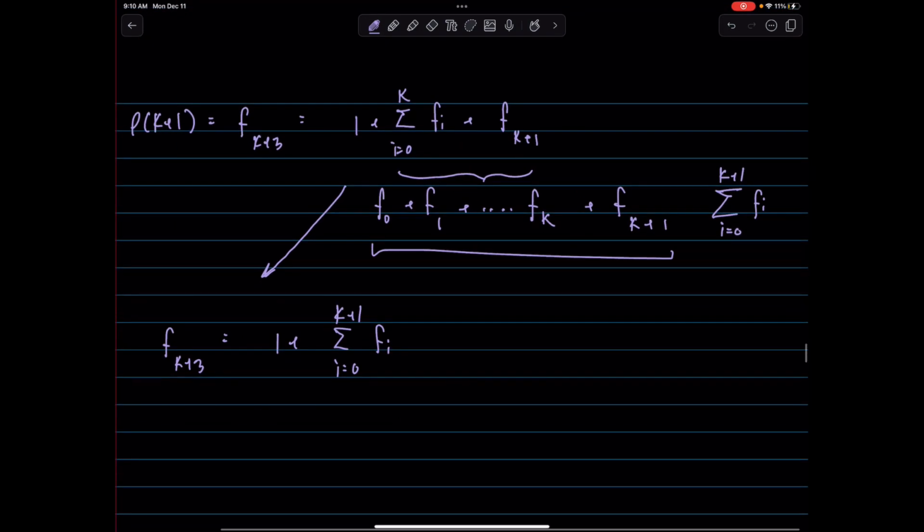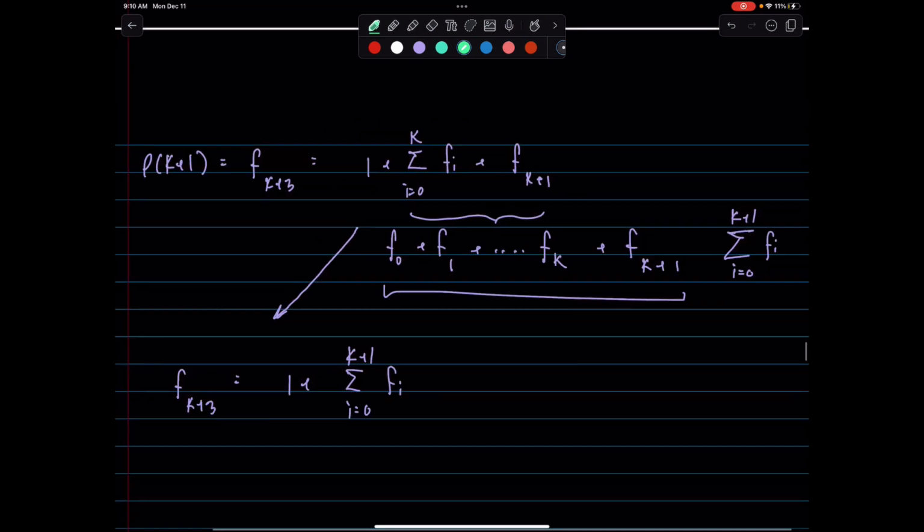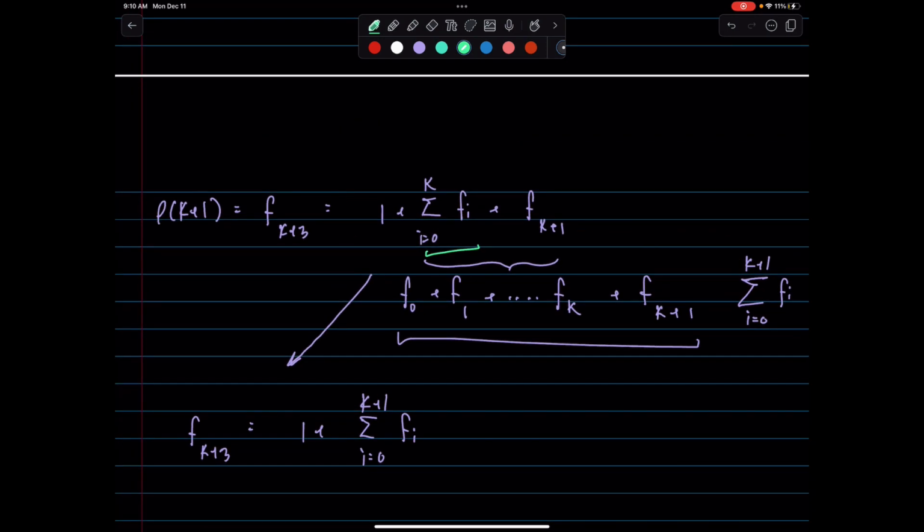Right? So if I lost anybody, what I basically did was I said, what is the summation of f of i to k? So that's f of 0 plus f of 1 all the way up to f of k, right? That's the summation. Now we're adding it with f of k plus 1.